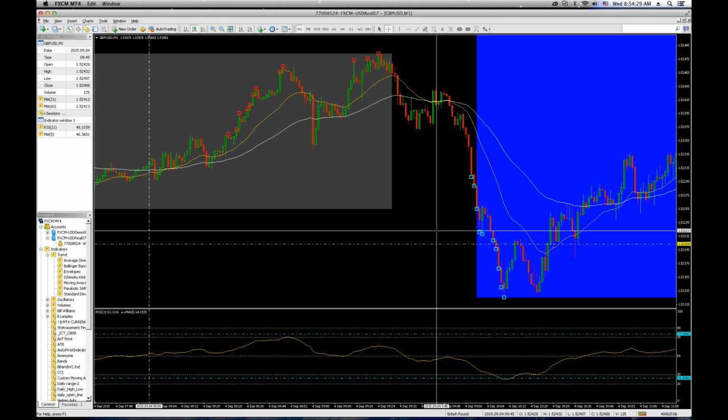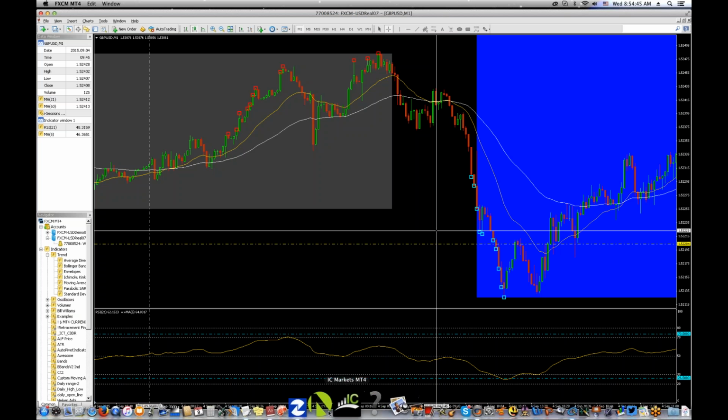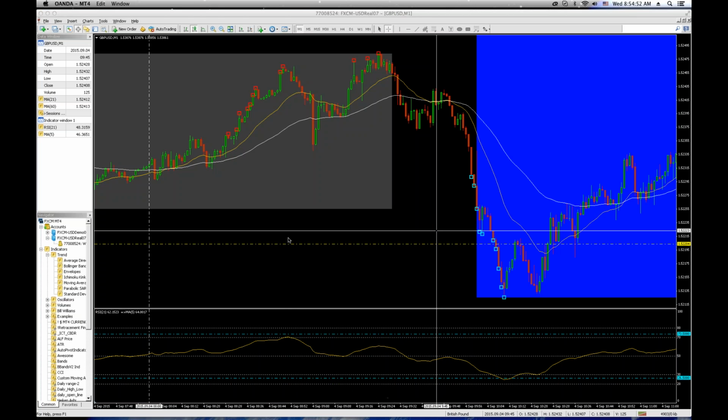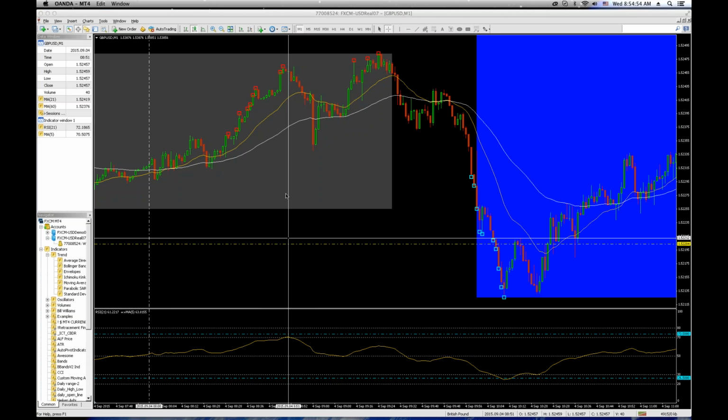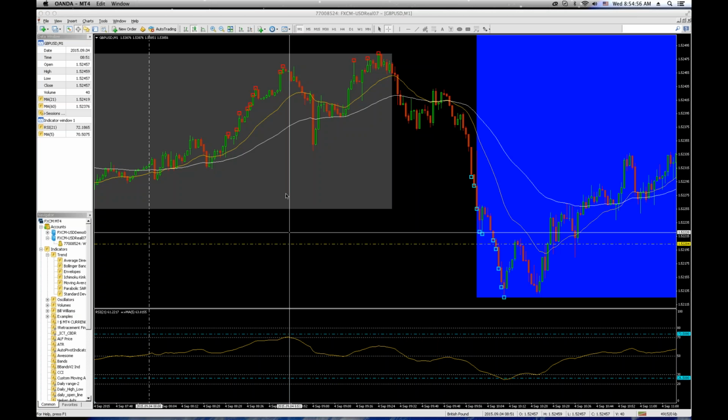So on the 21 RSI, we put a 13 period smooth moving average, and on the exit RSI, we have a 5 period smooth moving average. Got it.